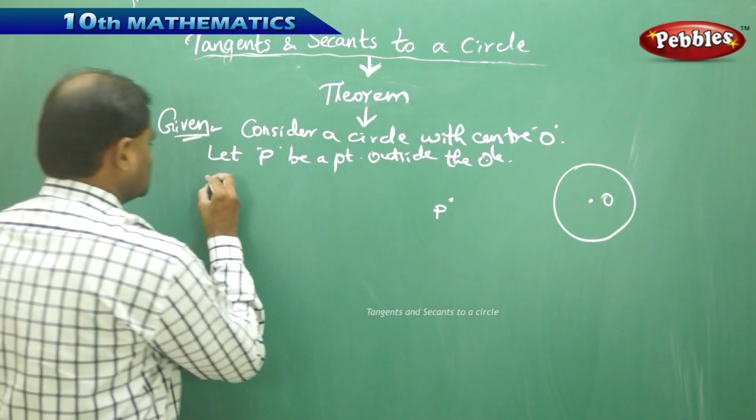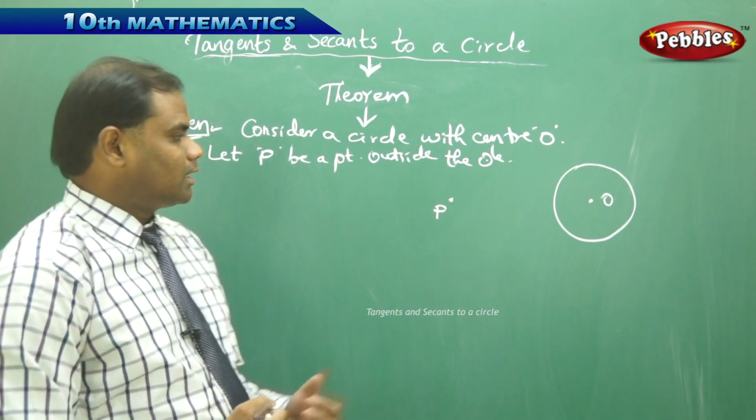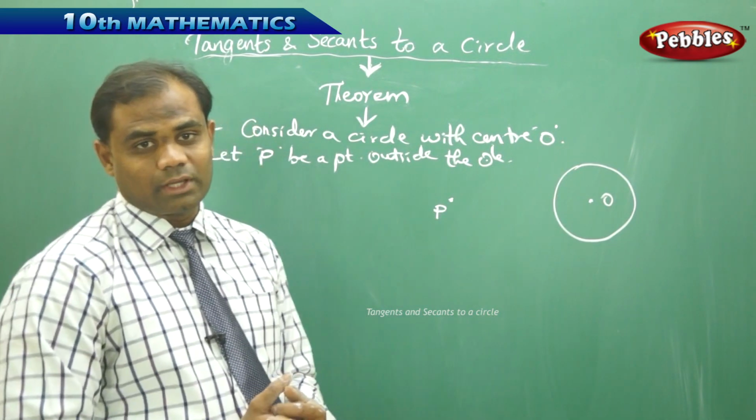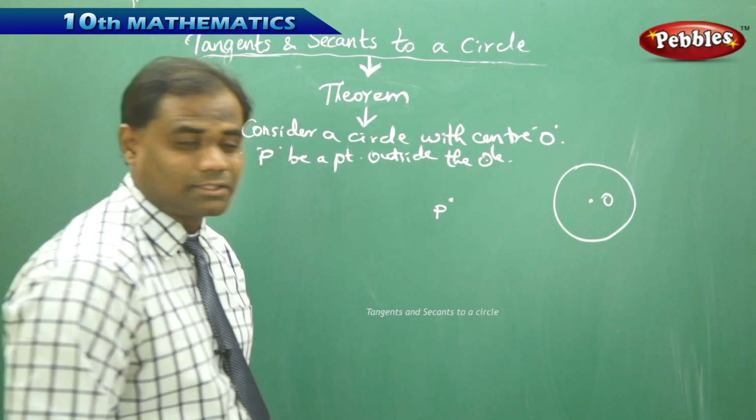Now, secondly, I come to drawing the tangents from P to the circle. Clearly, I see there are two tangents which can be drawn.